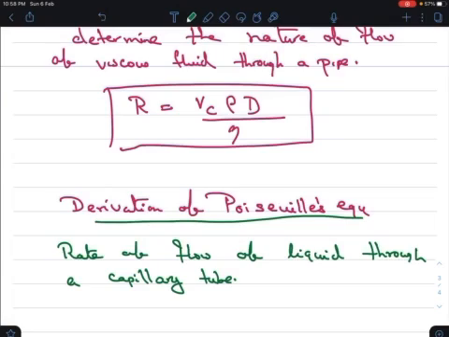So what we get from Poiseuille's equation is the rate of flow of liquid through a capillary tube.